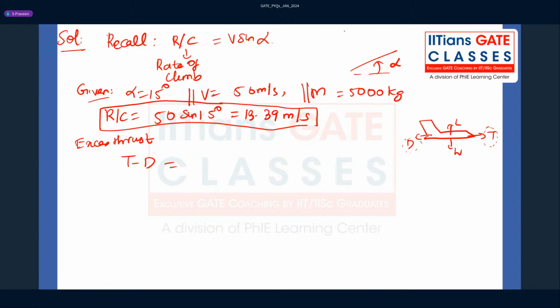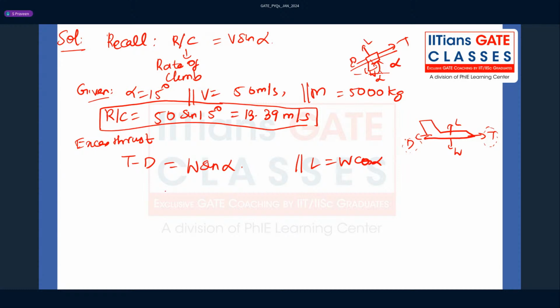If you determine, it's pretty simple, you have this body here, this is thrust, this is drag, this is L, and this is W. If you resolve this in this plane, so my T minus D will be equal to W sine alpha, right? And L will be equal to W cos alpha, right? Basic resolution of forces, okay?